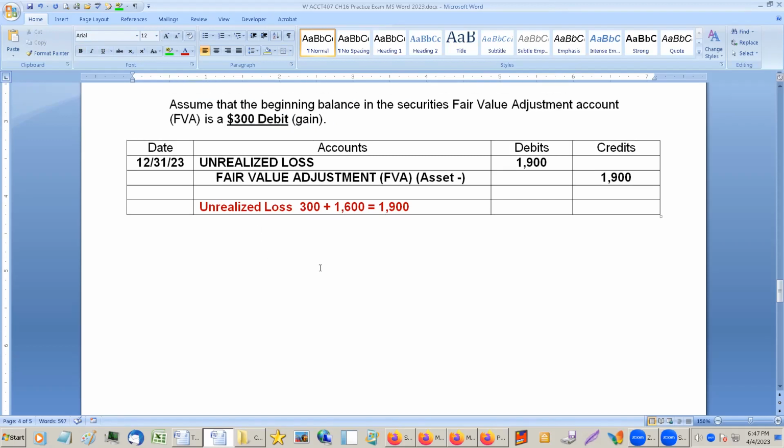And here's how this would look. Let me see if I can do this without messing it up. So fair value adjustment. Okay, so we started out with 300 in the account.